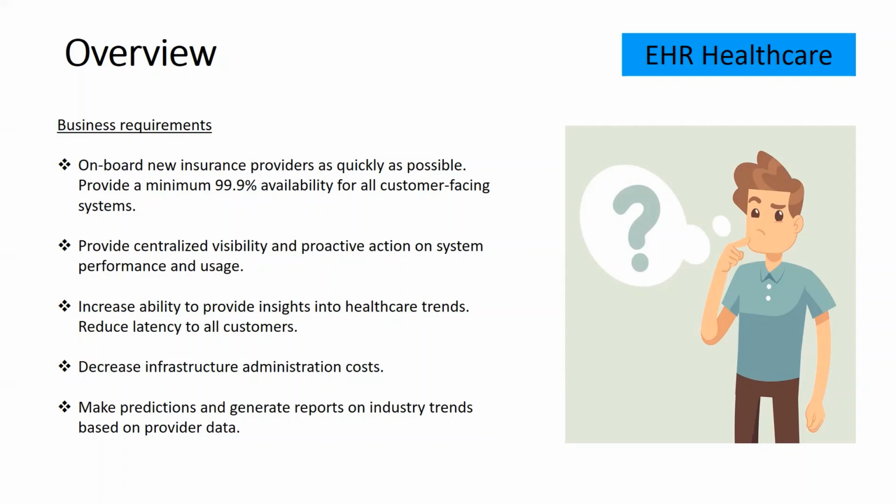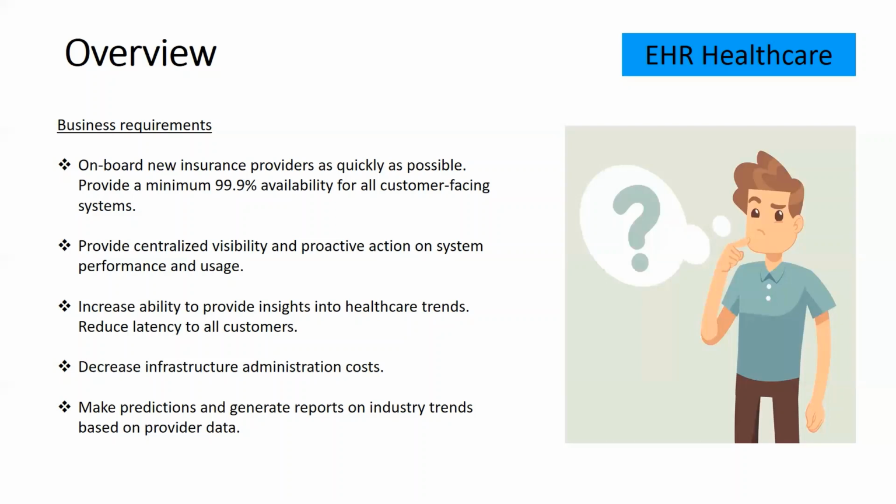So, EHR Healthcare manages health record software in the medical industry. As of now, they are hosted in multiple co-location facilities. The lease on one of the data centers is about to expire, and they chose Google Cloud for this replacement. They have various business requirements like 99.9% availability, centralized visibility.